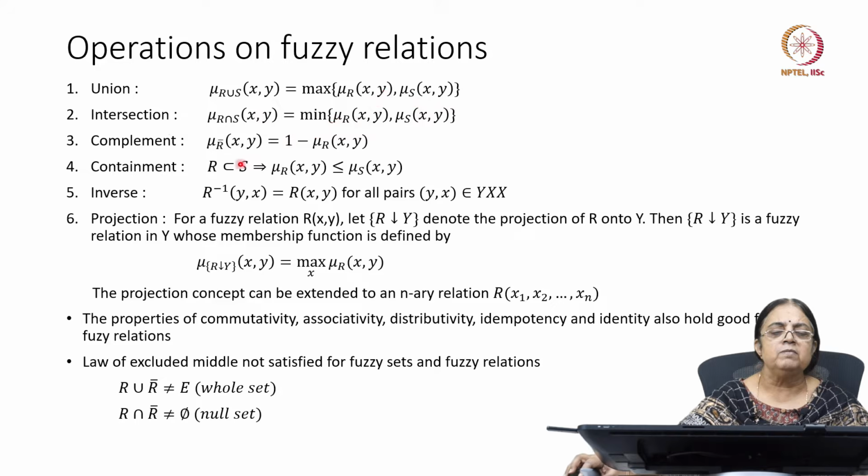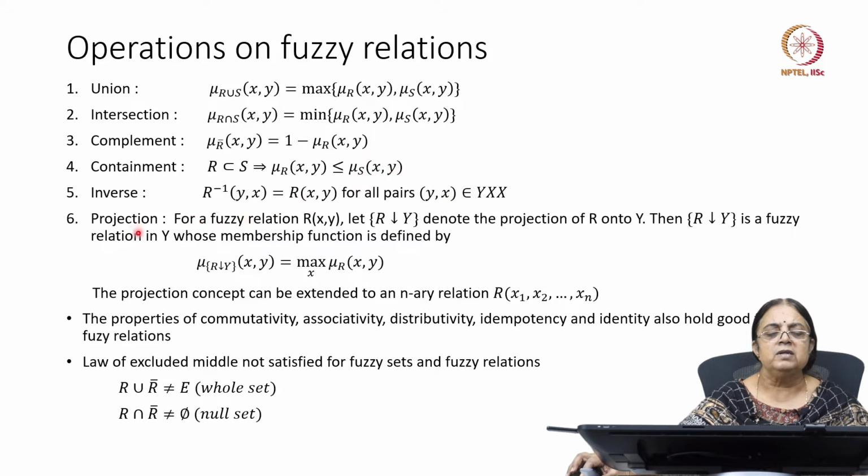Intersection will be minimum, then the complement, and containment. R is a subset of S only if the membership function of R is less than the membership function of S. Then you get the inverse, etc.